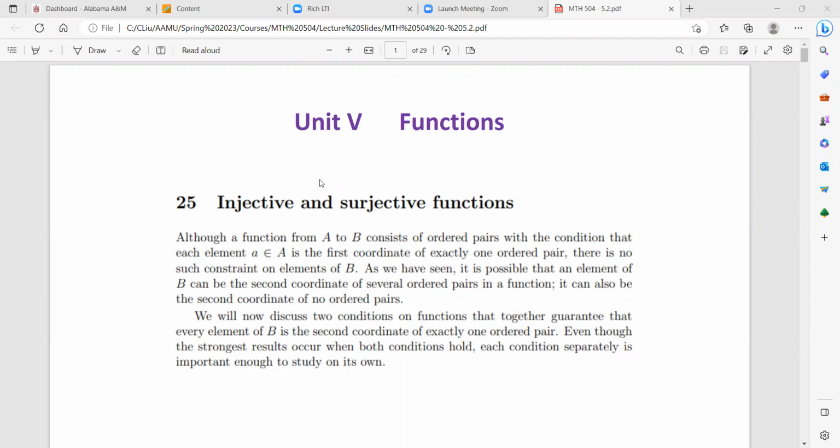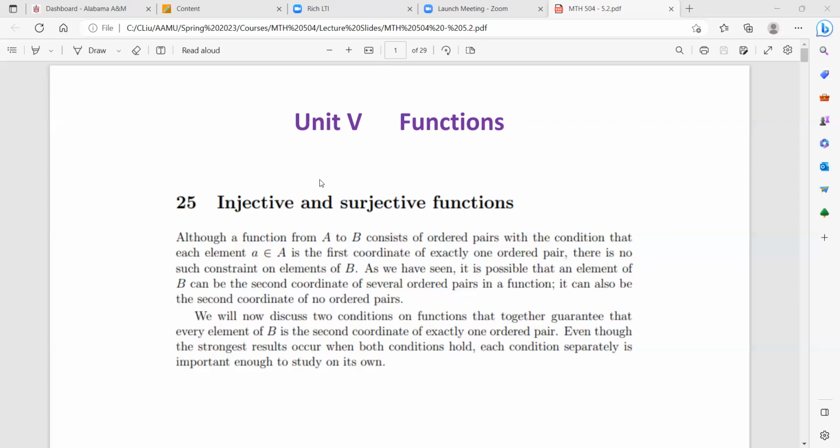Okay. But in case each element in the codomain has a pre-image from the domain under the map, then we call it onto, right?